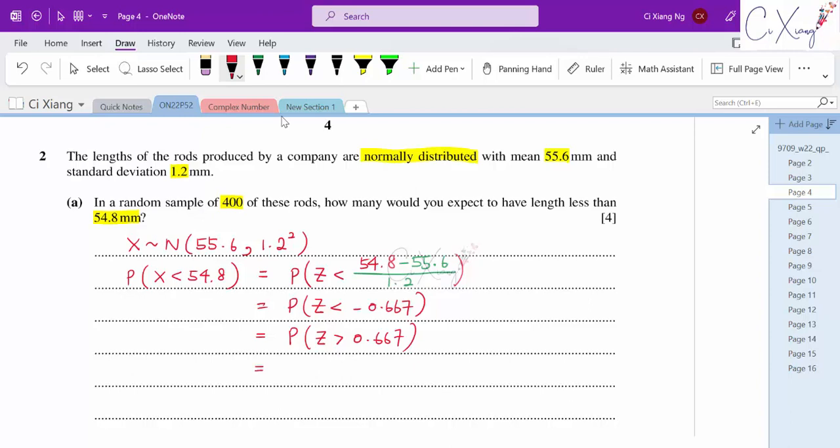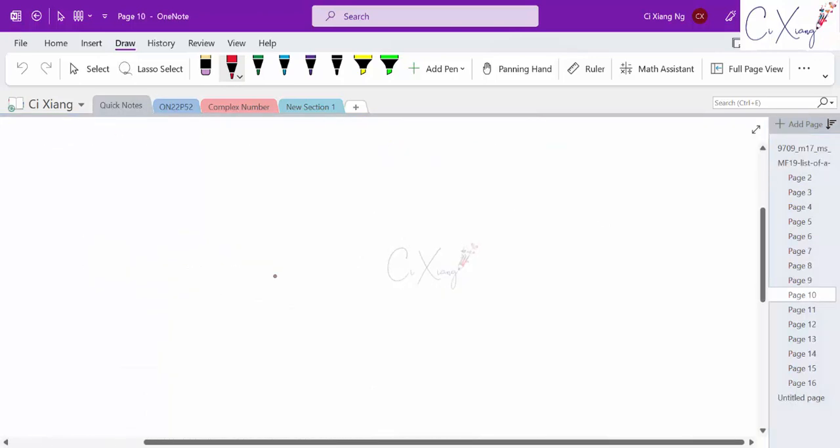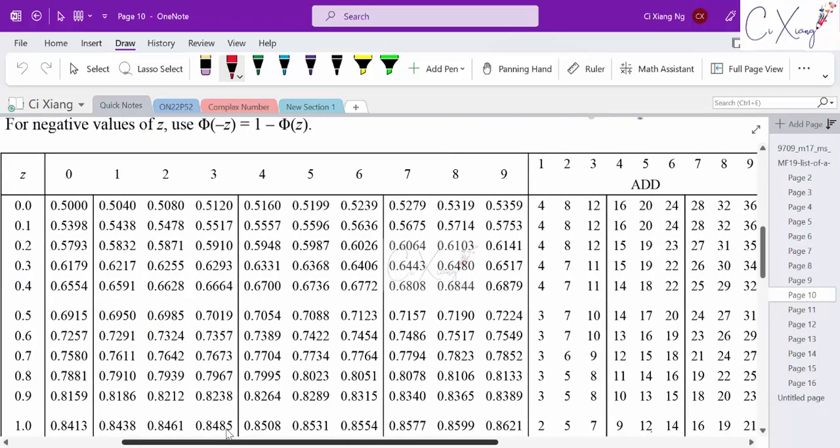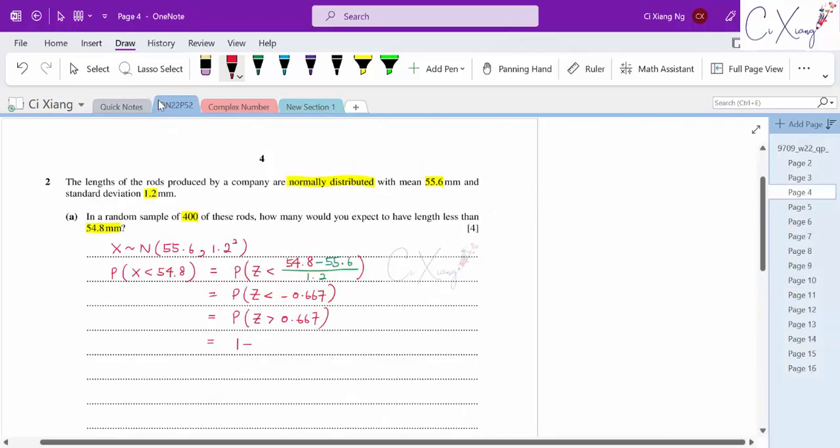To get this area, I need to take 1 minus the probability of Z smaller than 0.667, because the normal distribution table gives us values smaller than the positive value of Z. So we go to the table, 0.667. 0.6, then 6 is this one, and 7, which means I have to take 7454 plus 23 at the last 2 digits. 7454 plus 23 gives 7477.